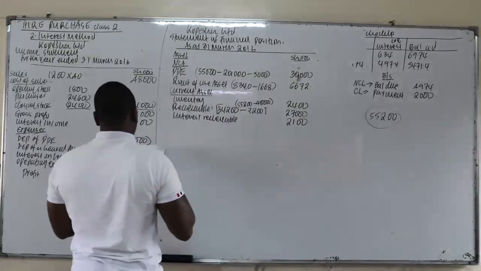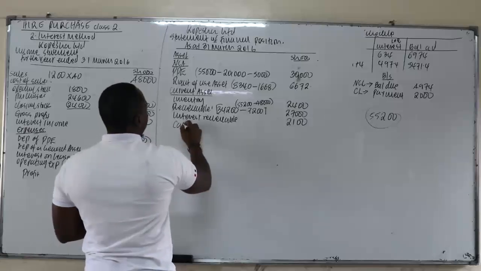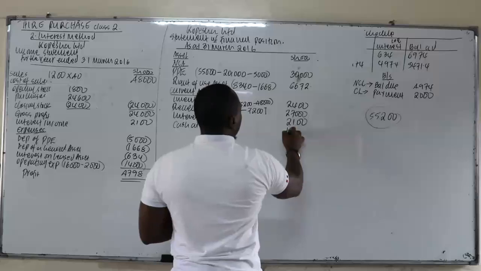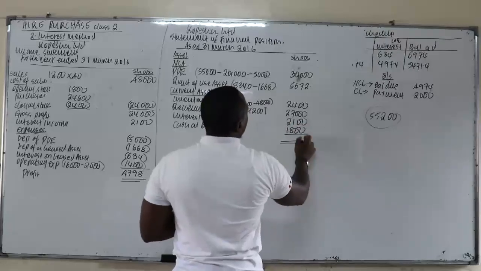Do we have any cash or bank balance? We have cash at bank, and the cash at bank balance was an amount of 1,800. Good. Give me the total.